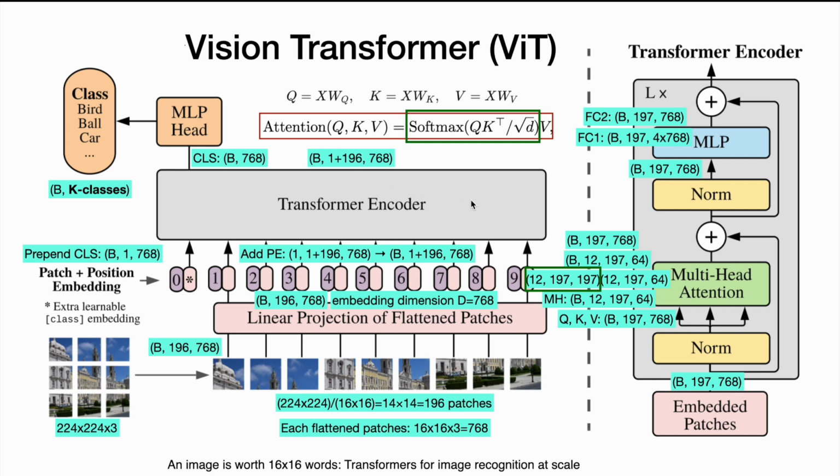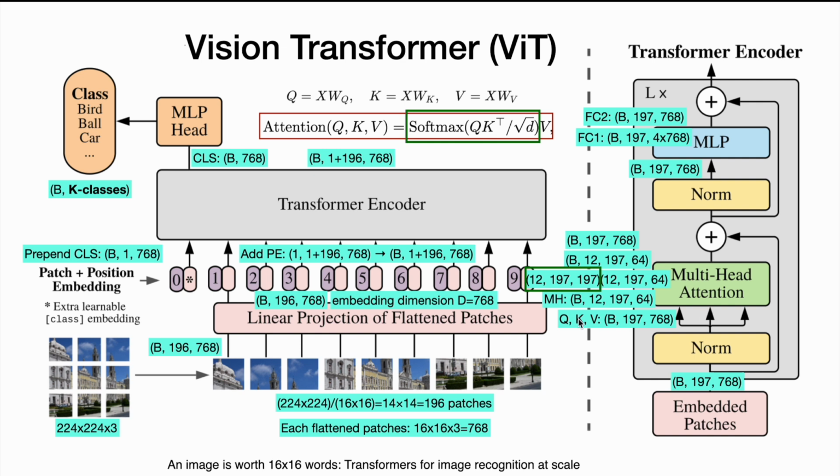So inside the transformer encoder, we can take a detailed look at the blocks. We get this input, the CLS token and the patch tokens, as input to the transformer encoder. Then it passes through a normalization layer.